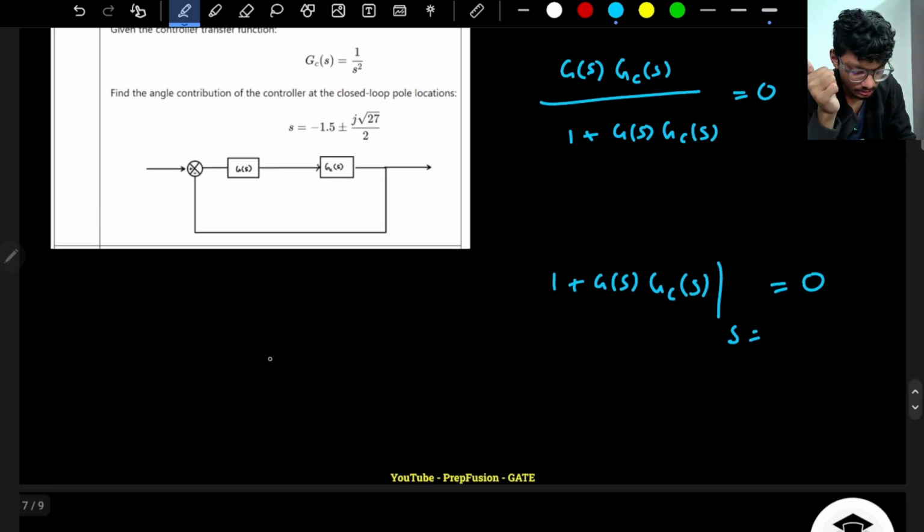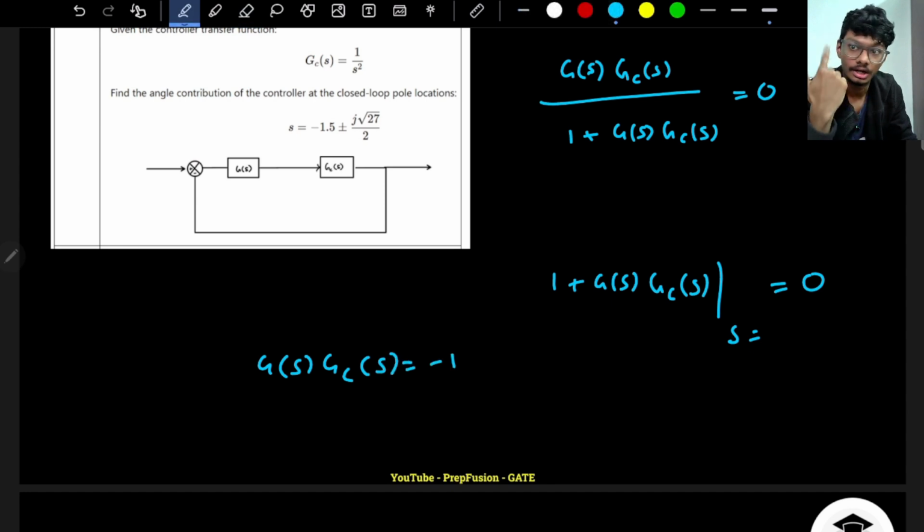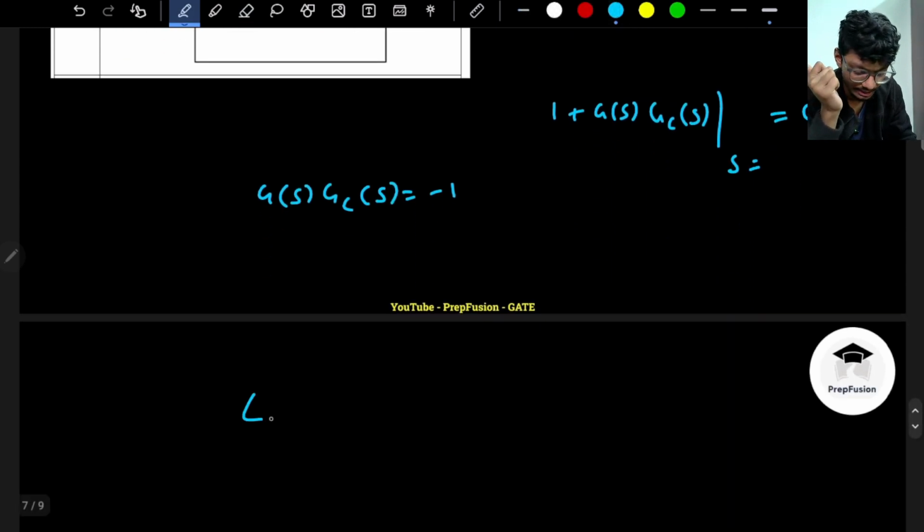That means if I rewrite this equation, G(s) into Gc(s) equals minus 1. Now if I take the angle on both sides, we know that if two complex numbers are multiplied, their angles will simply be added. So this will be angle of G(s) plus angle of Gc(s) equals minus 180 degrees.